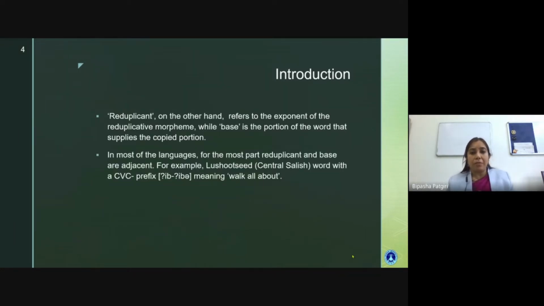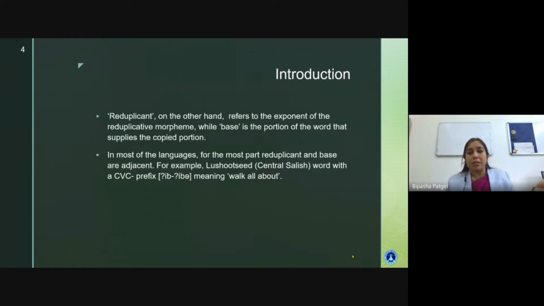In most languages, for the most part, the reduplicant and base are adjacent. It's a cross-linguistic observation that both the base and the reduplicant are adjacent to each other, so there must not be any intervening syllable or any other part of the word.